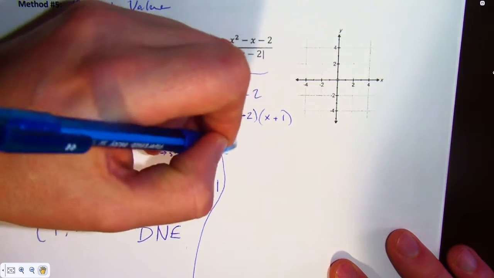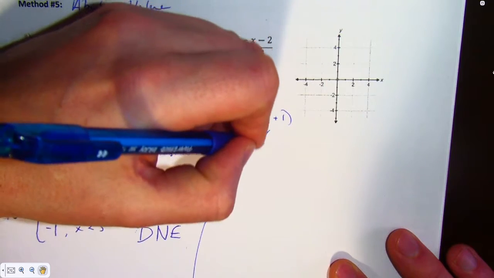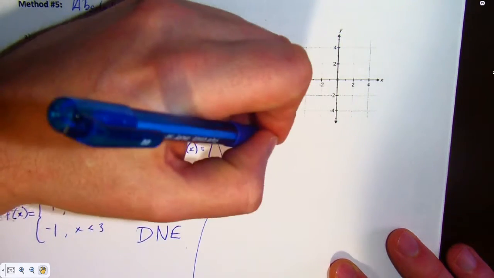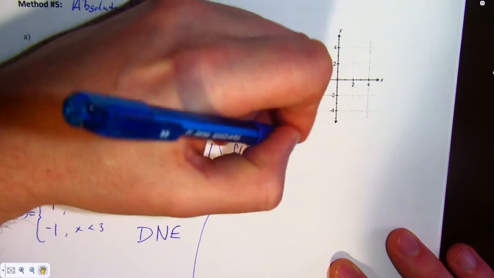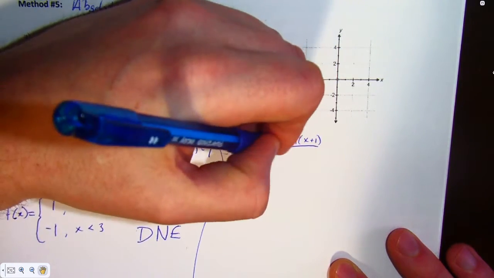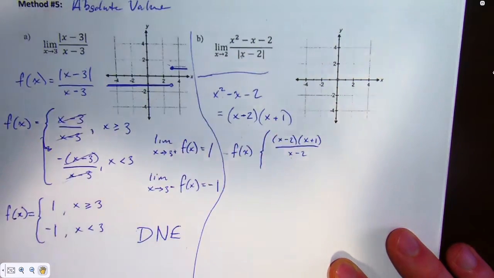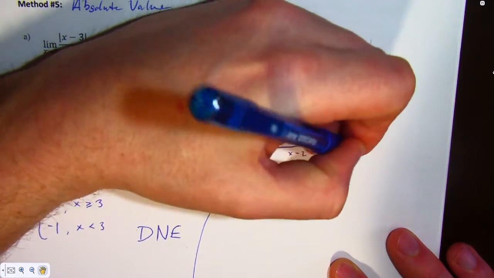So our function in this case is going to be x minus 2 times x plus 1 all over x minus 2, and this would be if x was greater than 2.